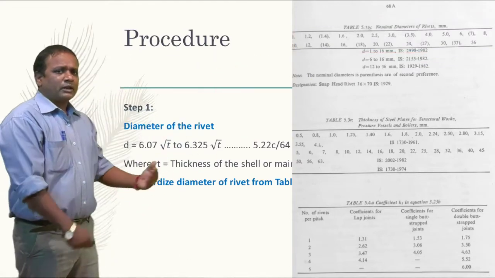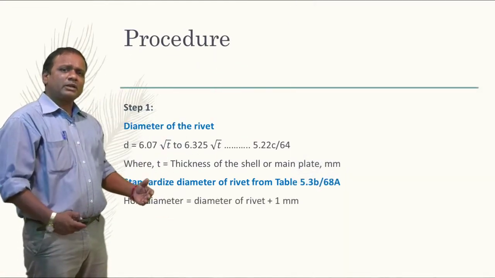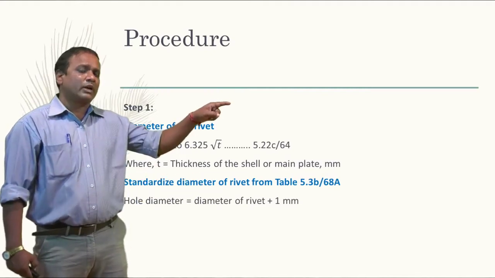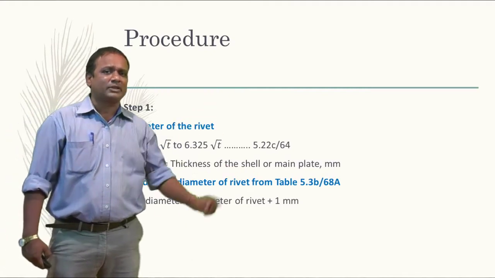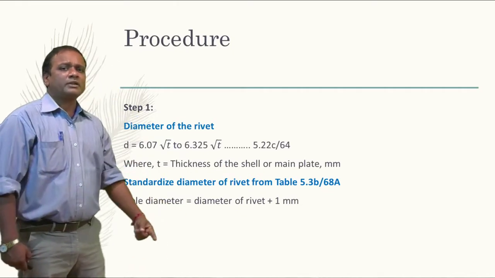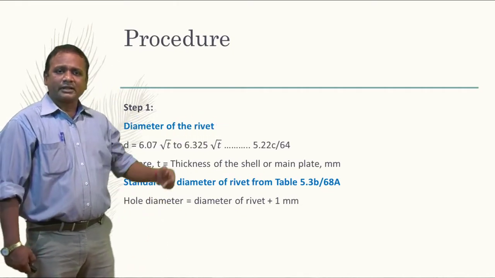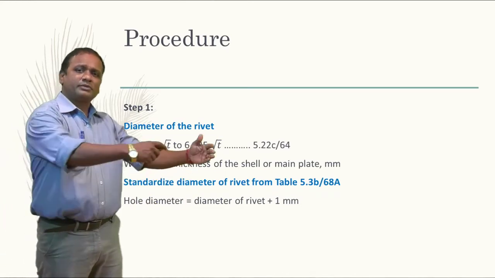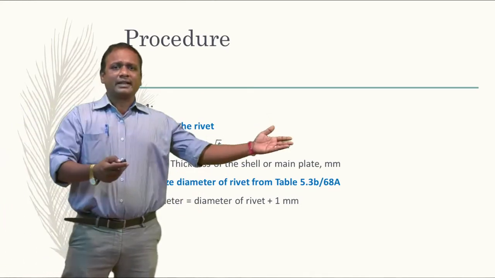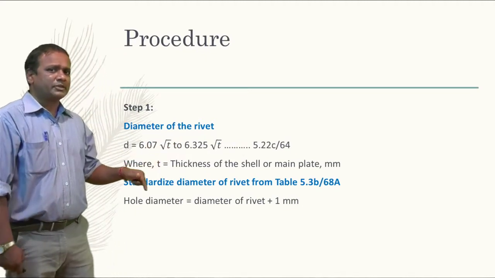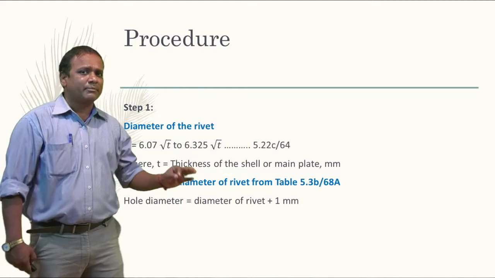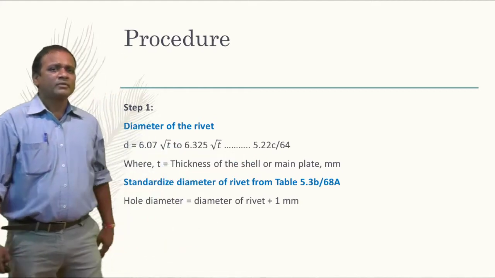Once I standardize the diameter, I will find the hole diameter, which is the standardized rivet diameter I choose from the data handbook plus 1 mm as allowance. Hereafter, whatever diameter I consider for further design would be the hole diameter. Please take care of this. The diameter of rivet here is the standardized diameter from the data handbook plus 1 mm.